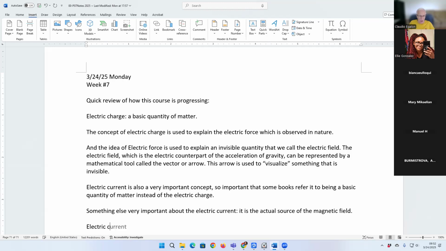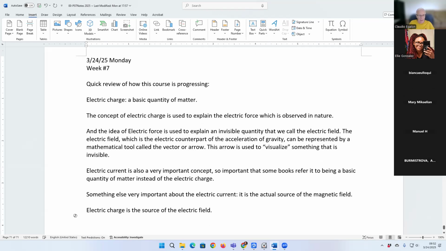Electric charge is the source of the electric field, right? Electric current is the source of the magnetic field.